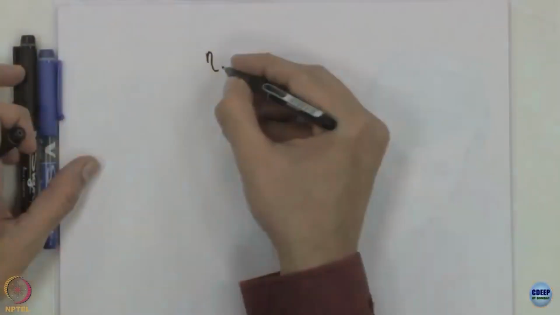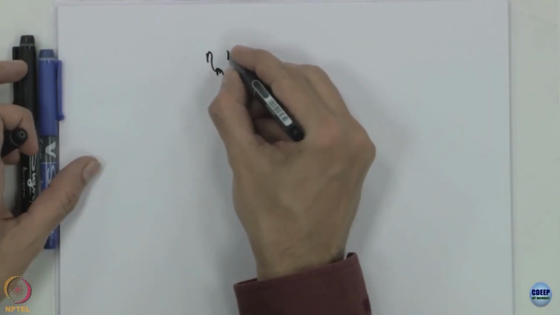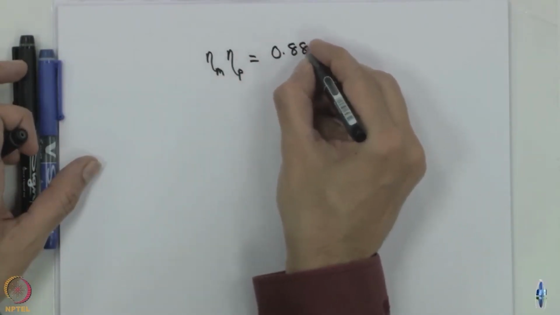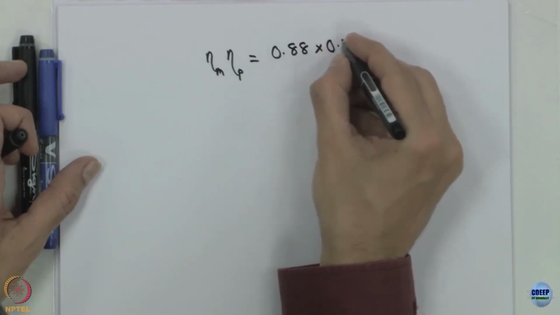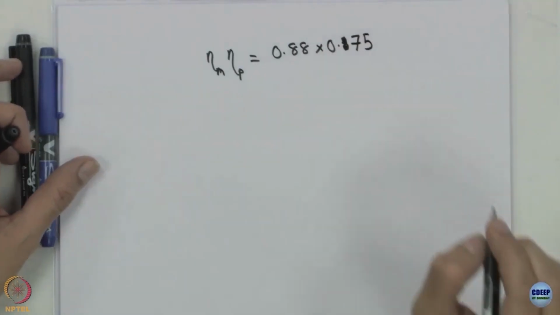So let's look at what is the efficiency that the farmer sees. On the farmer side, we are looking at an efficiency of eta motor into eta pump, which is 0.88 into 0.75, right?